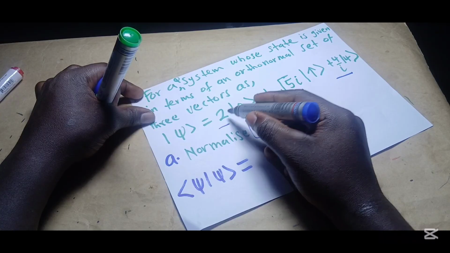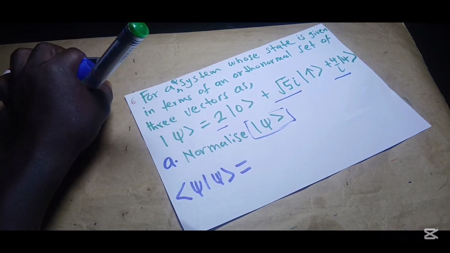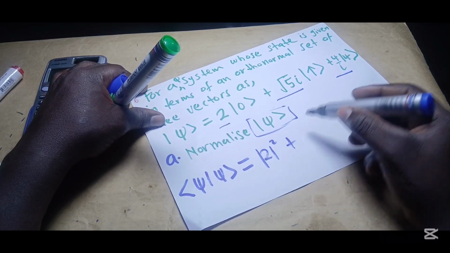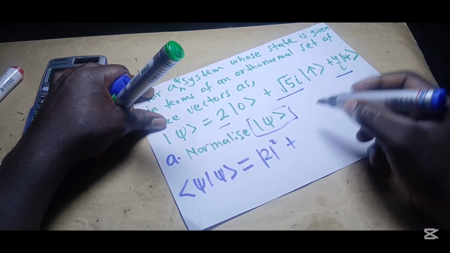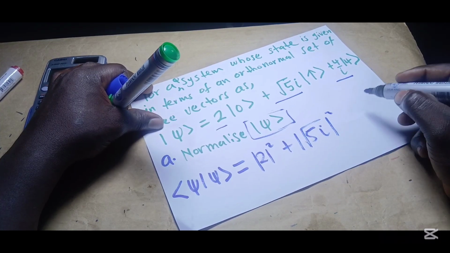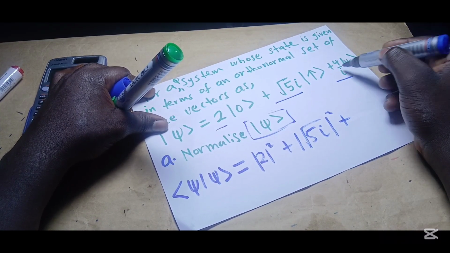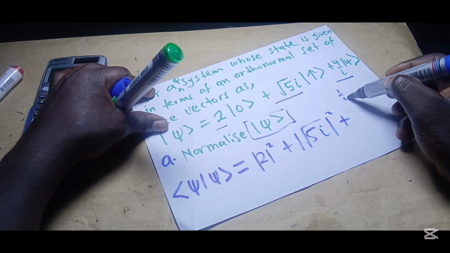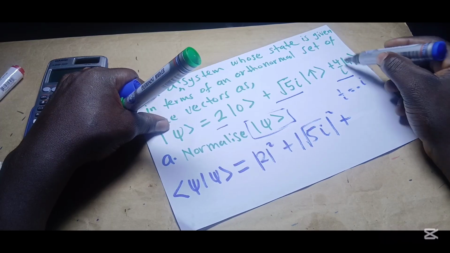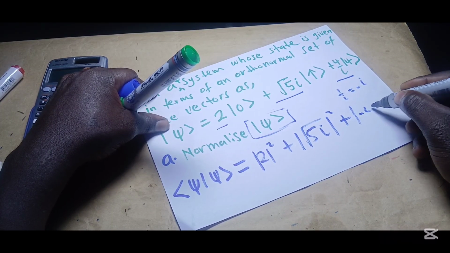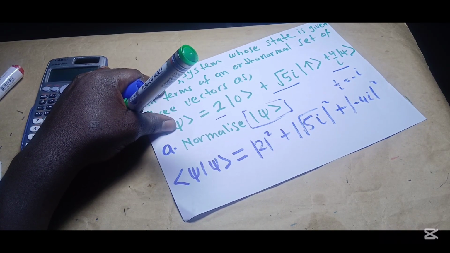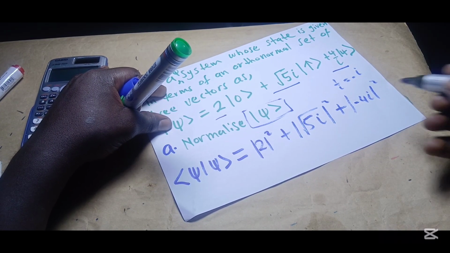So we are going to take the absolute square of 2, plus the absolute square of square root of 5i, plus the absolute square of 4 on i. 1 on i is equal to negative i, so this term becomes 4 times negative i. So let's say negative 4i squared. But once we are dealing with absolute values, definitely this term will become positive.